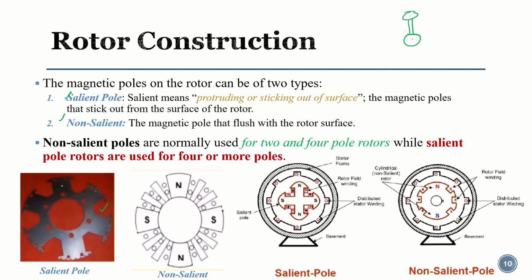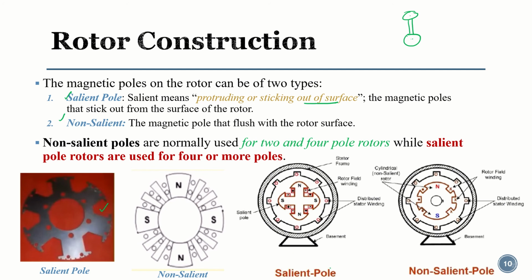Salient means the construction is such that it is protruding or sticking out of the surface. It looks like this, and the non-salient looks like this one.